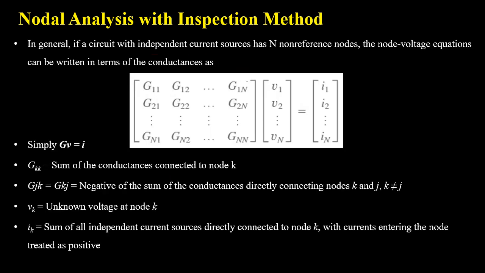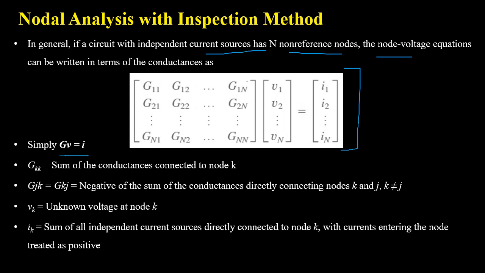Now we will try to make a generic form when we have linear resistors and n non-reference nodes. The node voltage equation can be written in matrix form as given in the slide. Or simply we can say that the conductance matrix multiplied by the voltage vector will be equal to the currents.